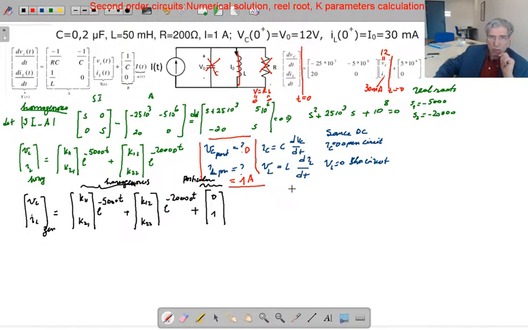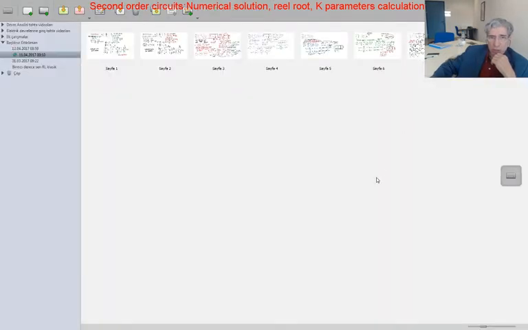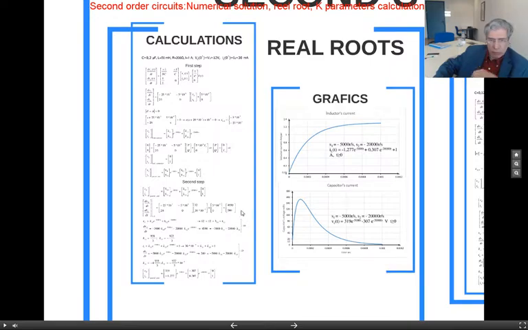Let me write these derivatives' initial conditions here: dVC/dt at 0, dIL/dt at 0. This is by hand a simple calculation, so we can directly take these results from here.